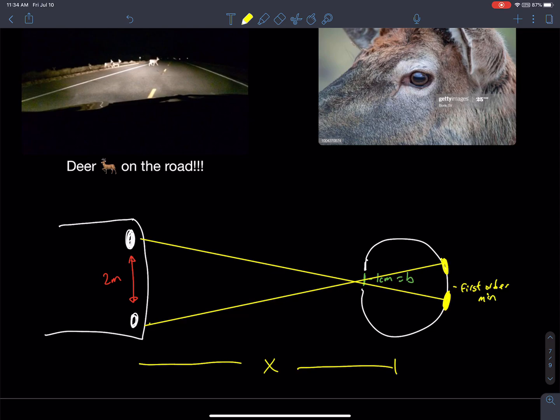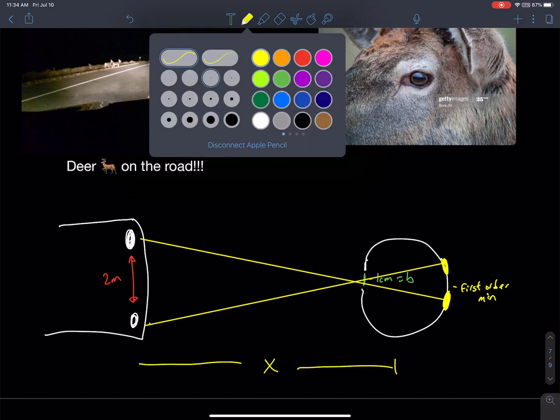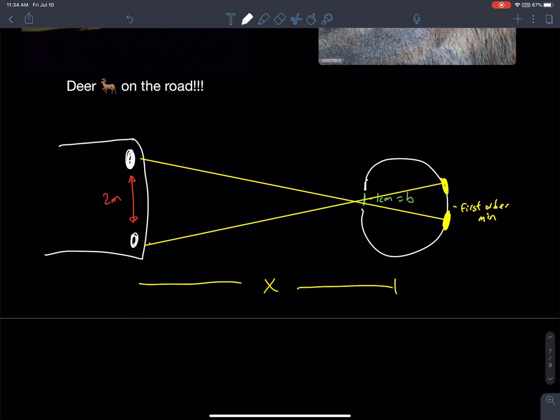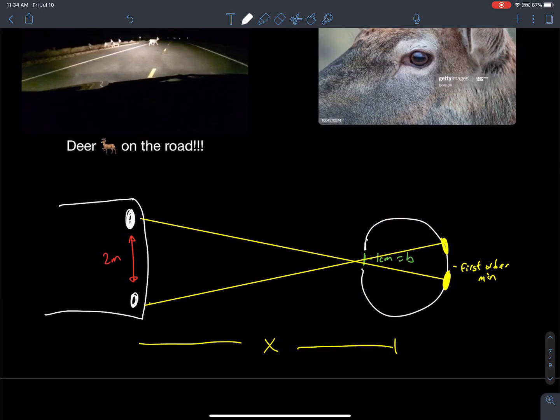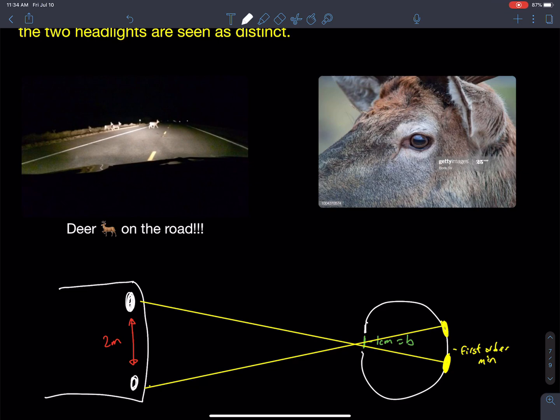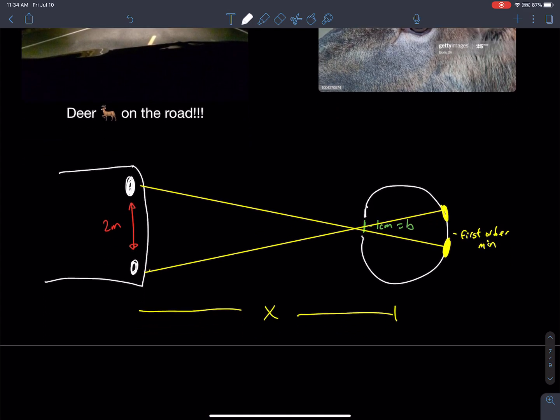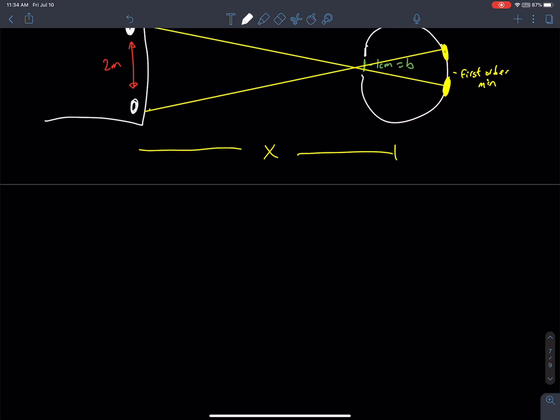Okay, that's Rayleigh's criterion. And the most important thing that you would remember from Rayleigh's criterion is the actual formula. In this situation, because it's a circular aperture, that's because the eye has a circular aperture. Notice that animals kind of have a cross between a circle and a square. It's kind of different, so I wonder if the formula really fits, but we're going to assume it's a circular aperture. In that case, you remember this formula.